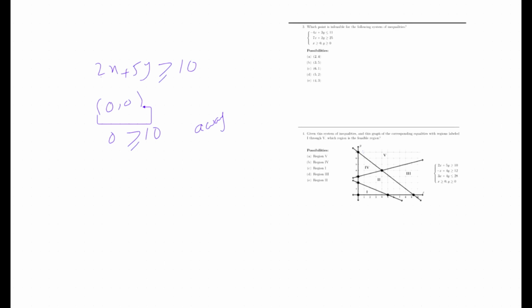We can just solve 2x plus 5y equals 10. And to check that, we can just plug in x equals 0. We would get y equals 2. So 0, 2 is the point. And we plug in y equals 0. We would get x equals 5. So 5, 0 is the point. So 0, 2 and 5, 0.